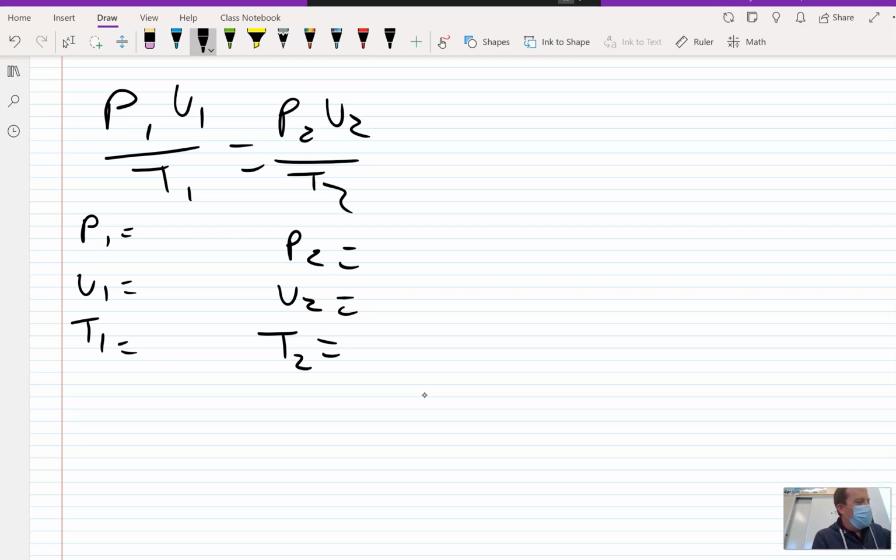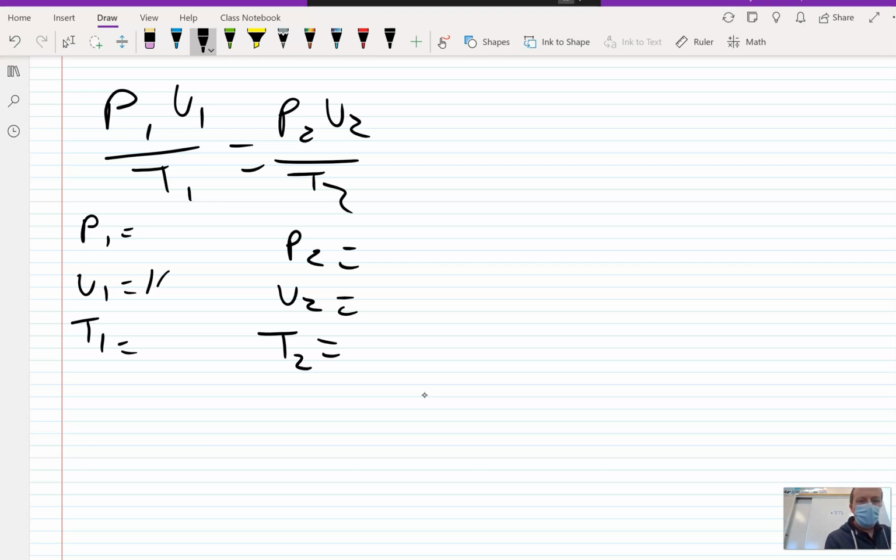It says 10 liters of oxygen gas at STP. So we have to understand what it's saying. We talked about that at the beginning of the period. That stands for standard temperature and pressure. So it's kind of a shortcut way of telling you the temperature and pressure.